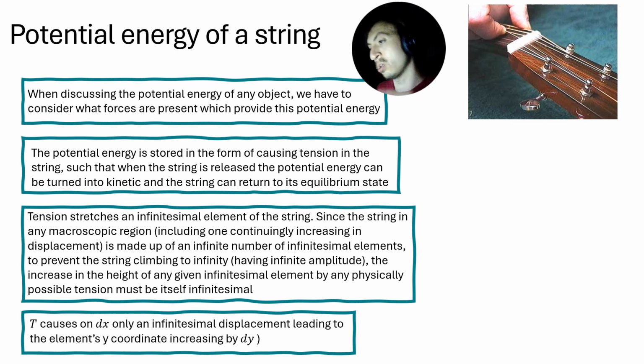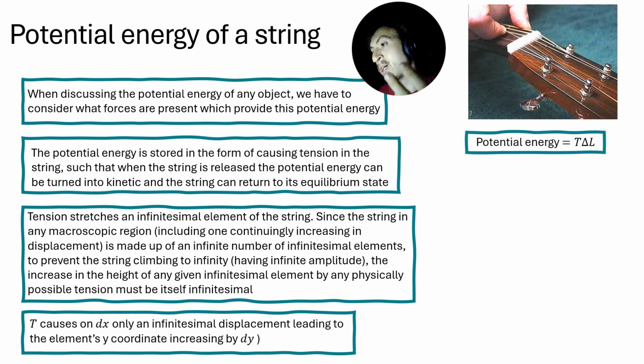So in other words, due to the tension, our infinitesimal segment is now diagonal and forms the hypotenuse of a right-angled triangle, with one side being its horizontal length dx, the other being its vertical length dy. And we know how to calculate the new length of this infinitesimal diagonal segment.